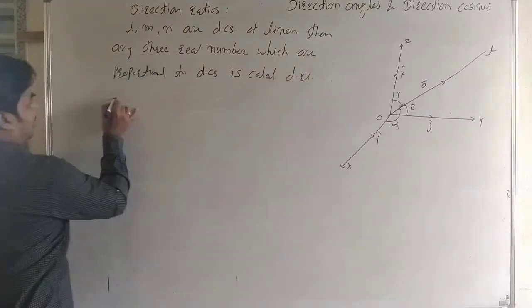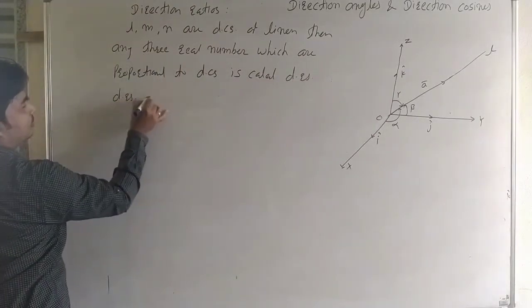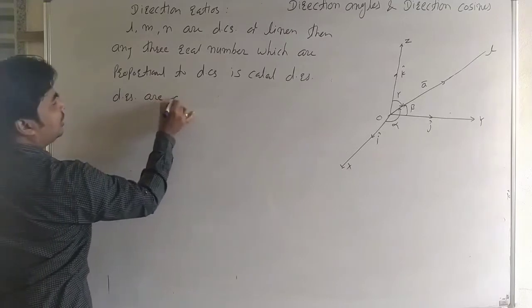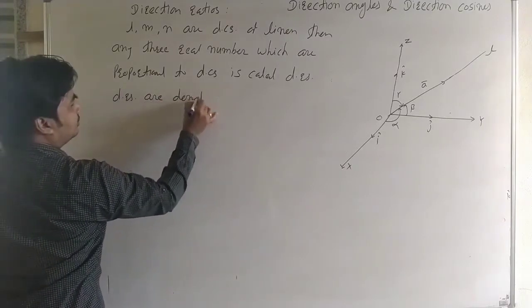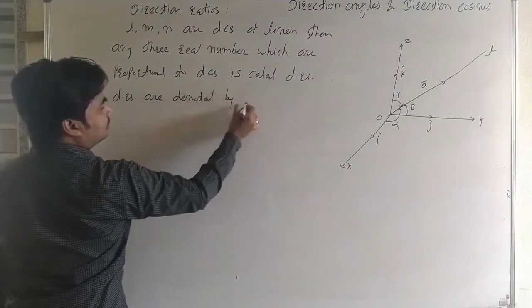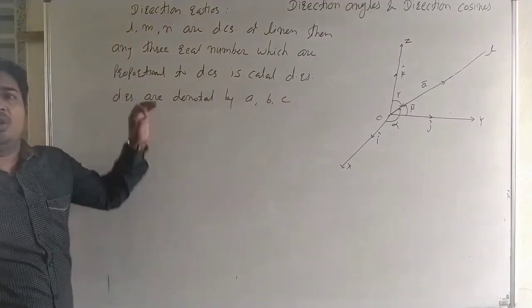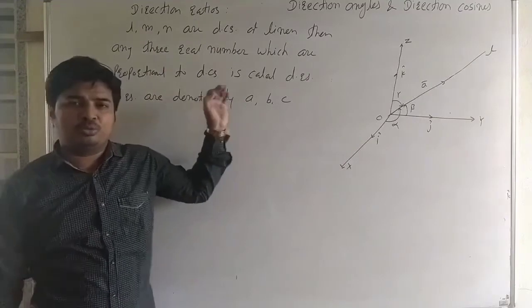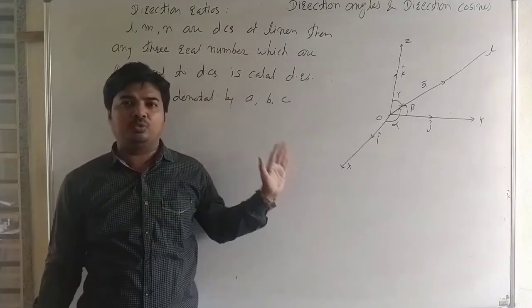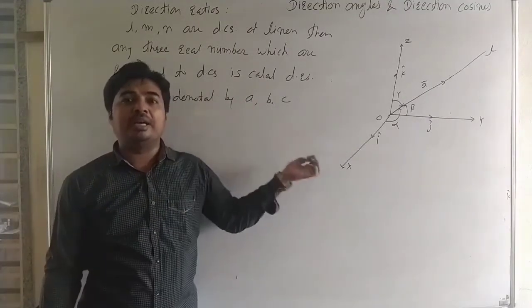Direction ratios are denoted by a, b and c. Direction ratios are any three real numbers which are proportional to the direction cosines.